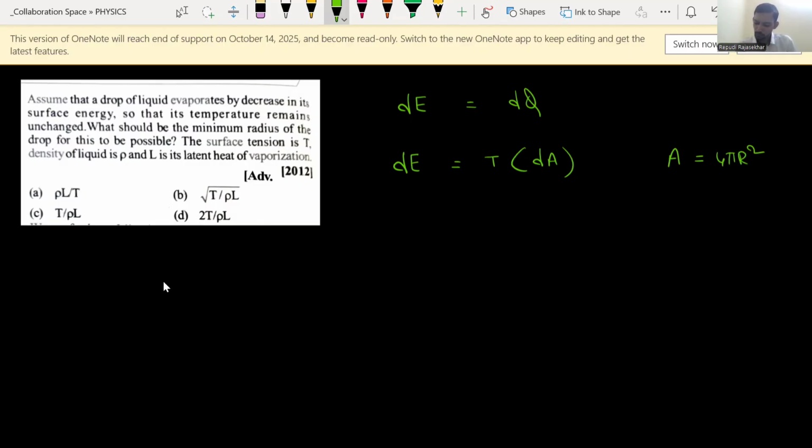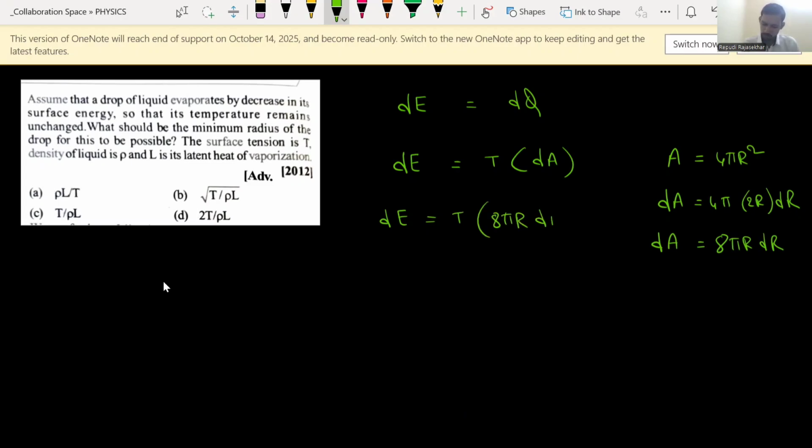But here we want the small change in area, that is dA equals 4 pi into 2r dr, right? So from this we can write dA equals 8 pi r dr. So substituting here, we get dE equals surface tension into 8 pi r dr. So this is the required equation we got.